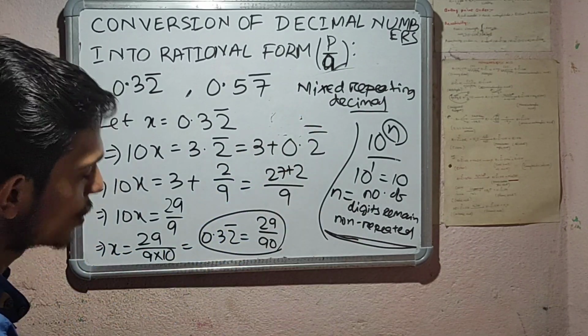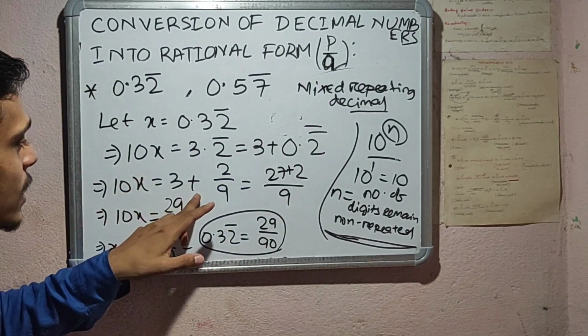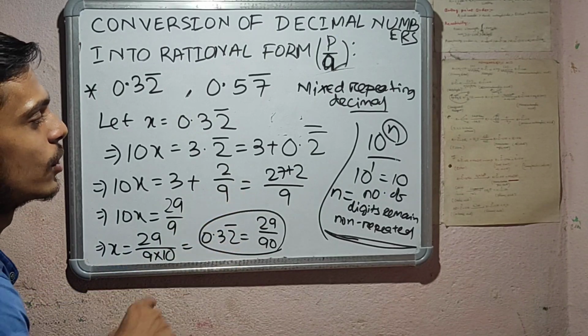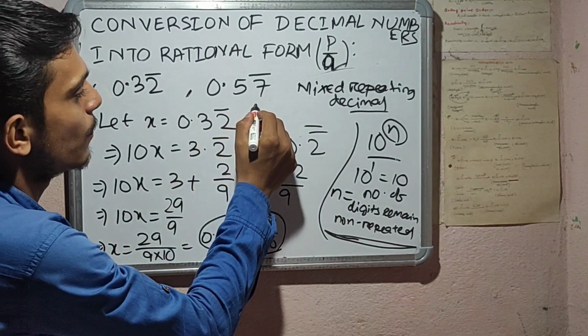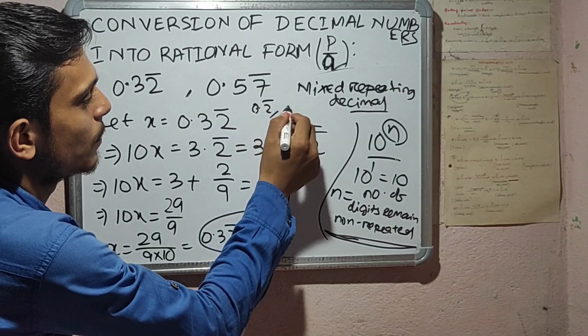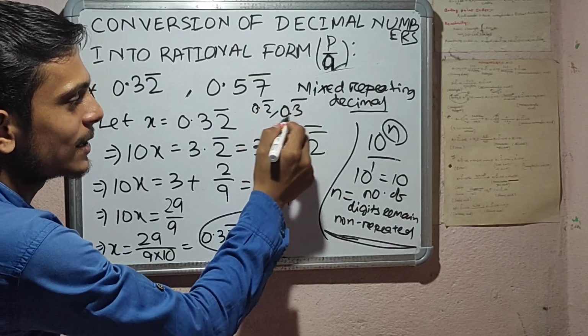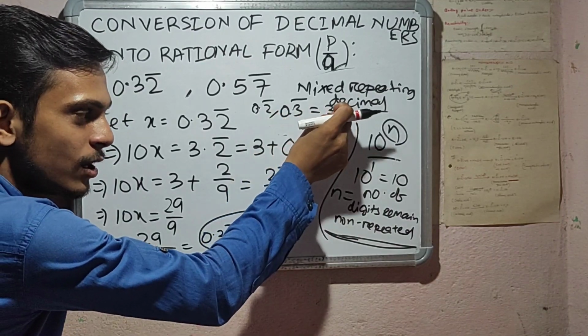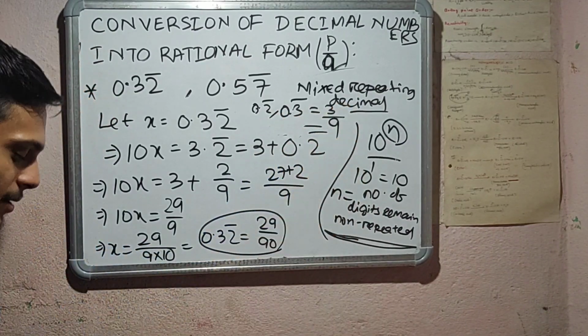So 10x equals 3 plus 2 by 9. Why 2 by 9? Because we already know that 0.2 bar, with only one bar digit, has that digit in the numerator and 9 in the denominator. Clear?